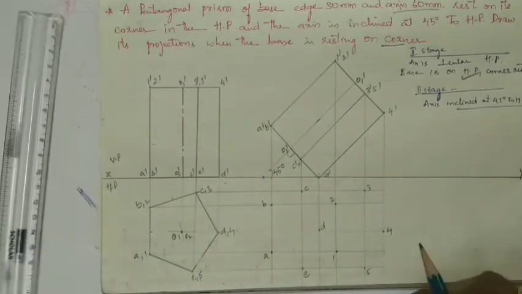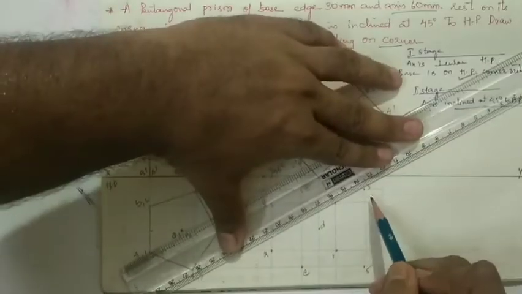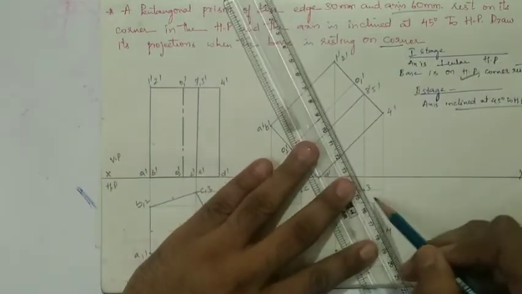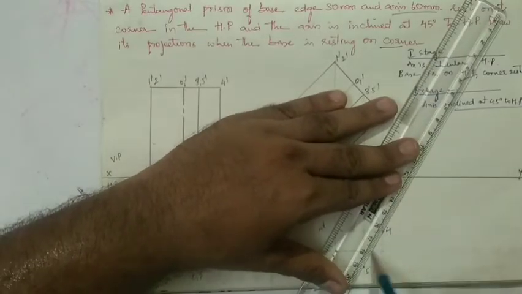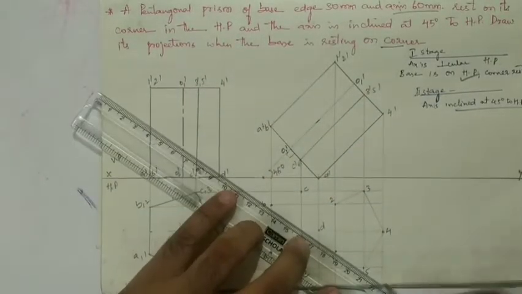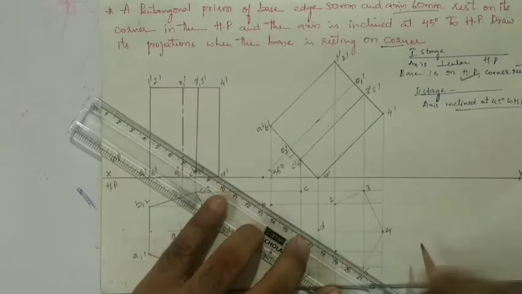First draw the basic outline picture of this one. By drawing the basic outline, you can easily mark the invisible portion and the visible portion. By looking at that picture only, you are able to define it.